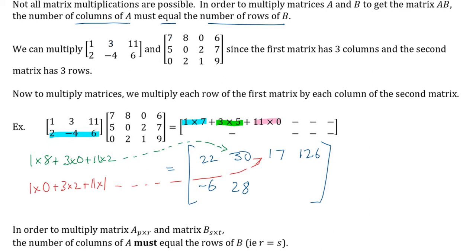Next one is 0 minus 8 plus 6, so negative 2, and I will write out the last one again. It gives you 2 times 6 plus negative 4 times 7 plus 6 times 9, and that one's a little bit bigger, but I believe it works out to 38.